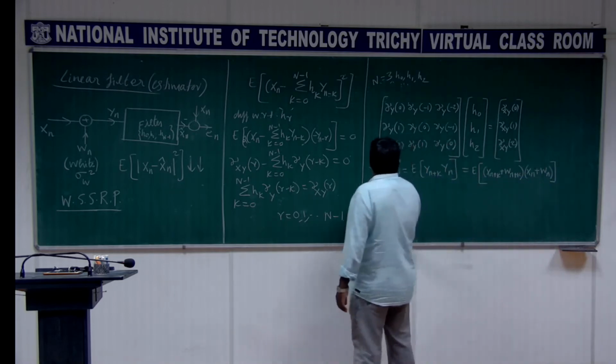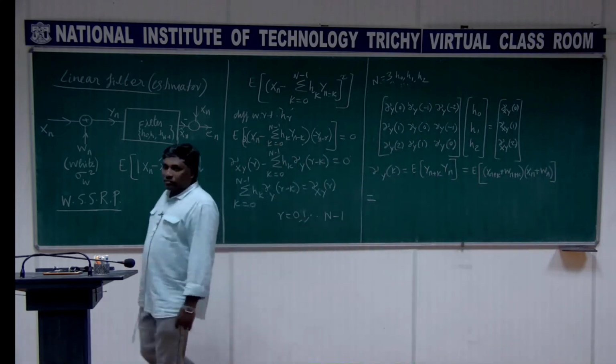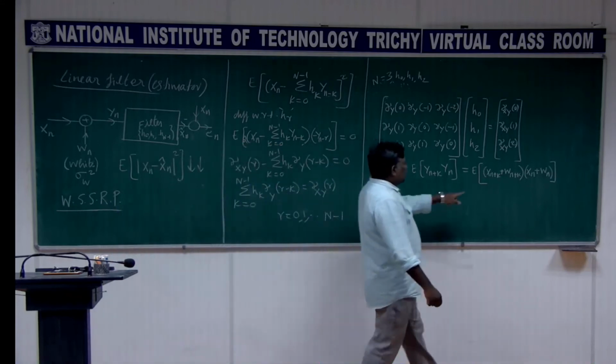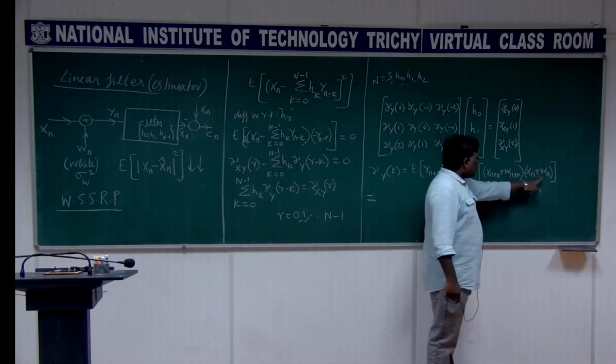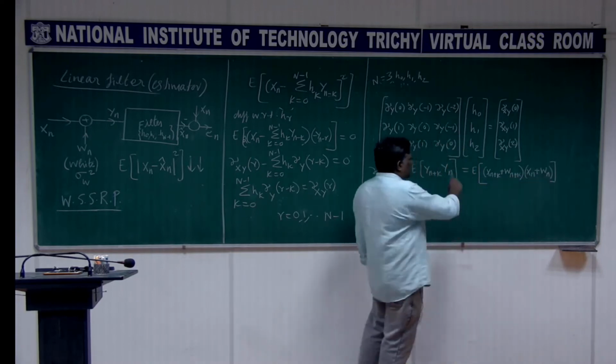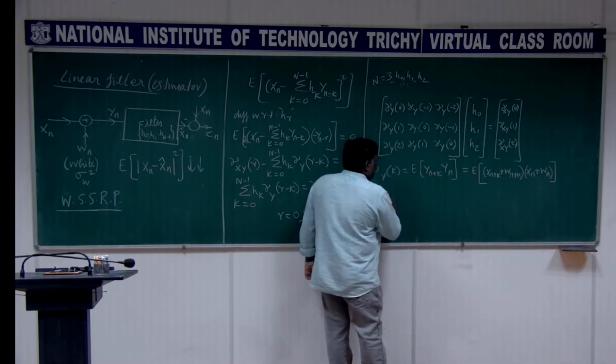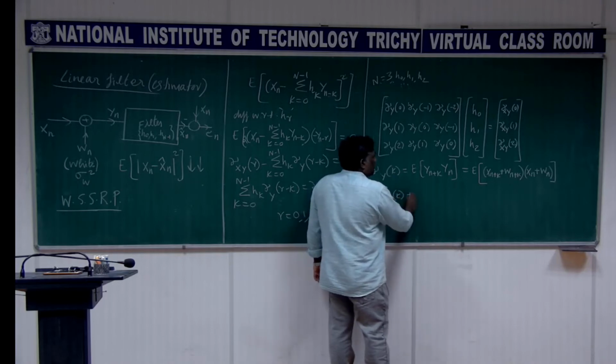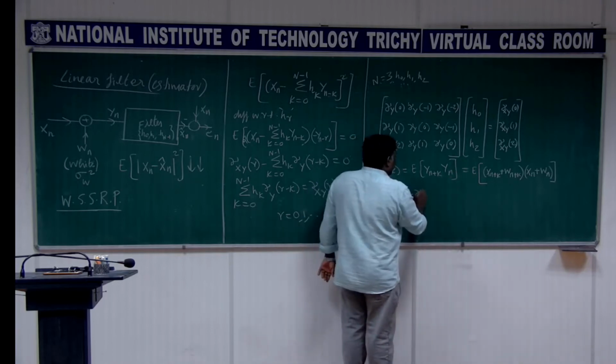If I expand this, you get 4 terms: x with x, x with w, w with x, and w with w. The first term is gamma x of k, and the last term is gamma w of k.